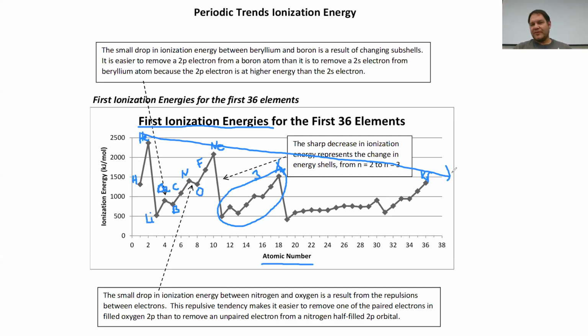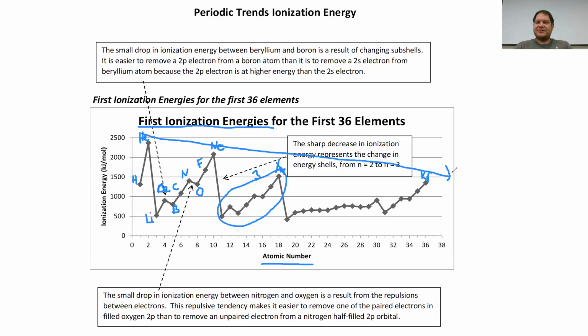Going back to Coulomb's law, we are adding more electron shells as we go down. Remember that by adding more electron shells, not only is the valence shell getting further from the nucleus, but the atom is getting larger. So as the valence shell is getting further away, there's going to be less attraction from the nucleus on that valence electron.